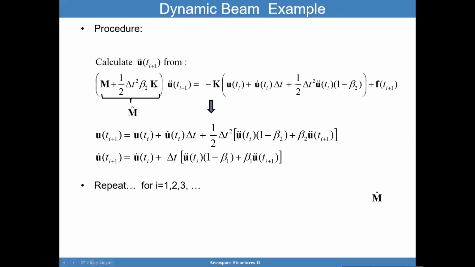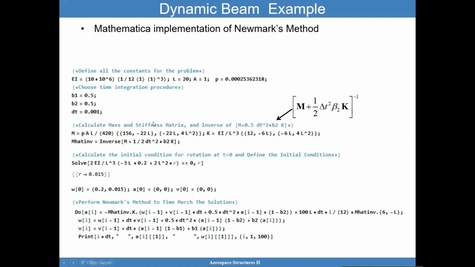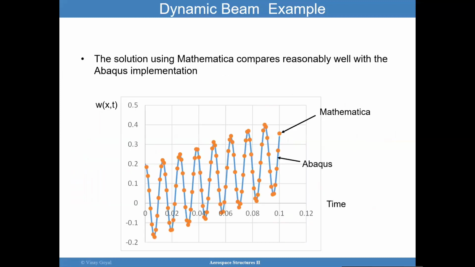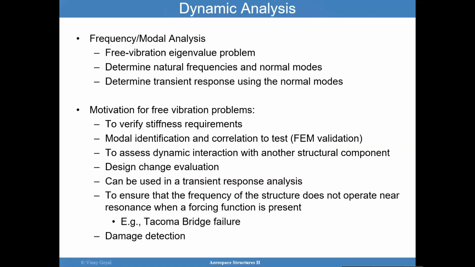And I have to invert this every time step. And that's going to be very expensive computationally. So it's not practical. And so that's why I want to turn to the modal analysis. We discussed already the modal analysis. This is a free vibration problem, the eigenvalue problem, and is used to determine the natural frequencies and mode shapes. We talked about that.